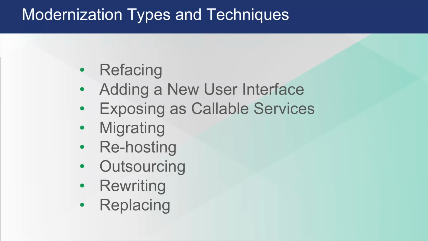Another way also, when you're writing new components, is to group the functionality in your legacy application into callable services. APIs, for example. Today some of the newest versions of APIs would be REST APIs, right?